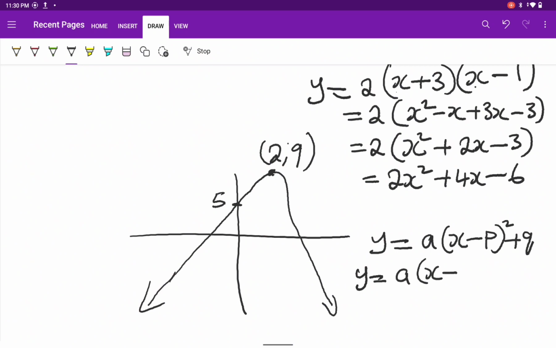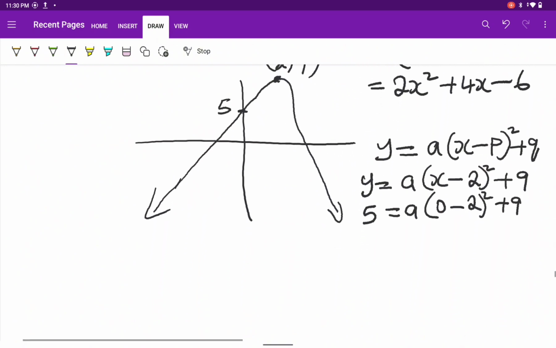So it's A into x minus the p, which is 2, all squared plus the q, which is 9. Then substitute the other point that is given, the point 0 and 5. So the y value is 5, and the x value is 0 minus 2 all squared plus 9.